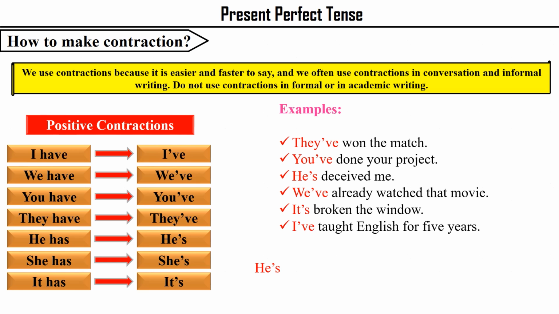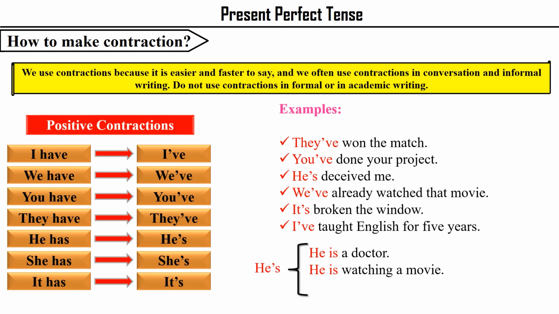Remember, he's can be he's, she's, or it's. It can be the contracted form of different things, different tenses. He's can be the contracted form of he is a doctor. It becomes he's a doctor.